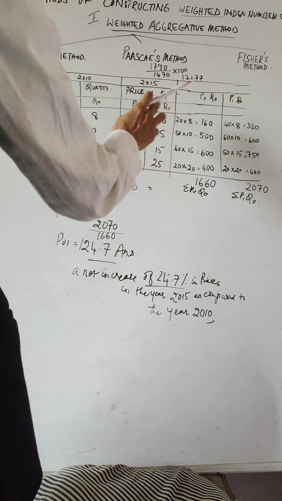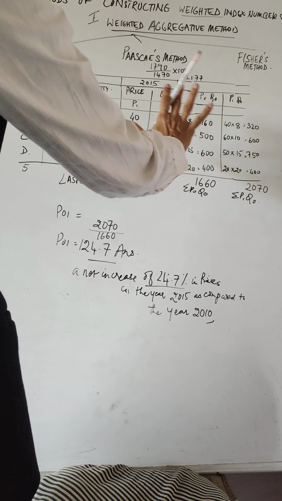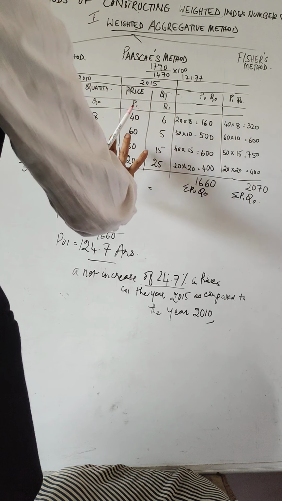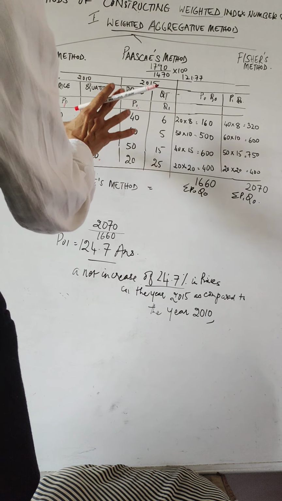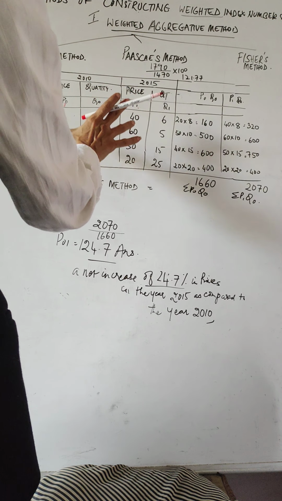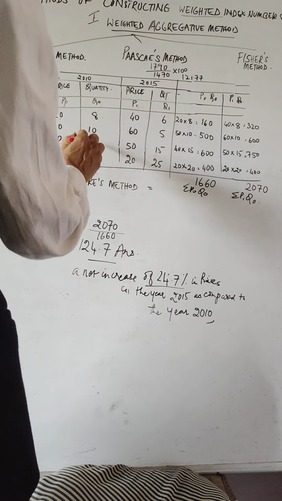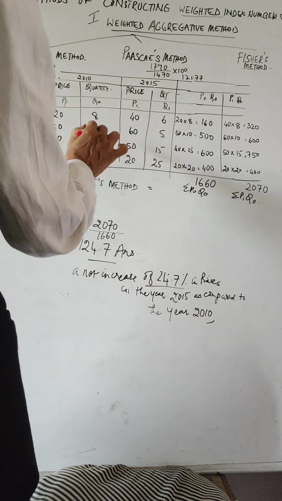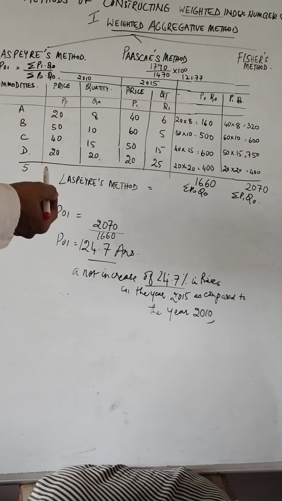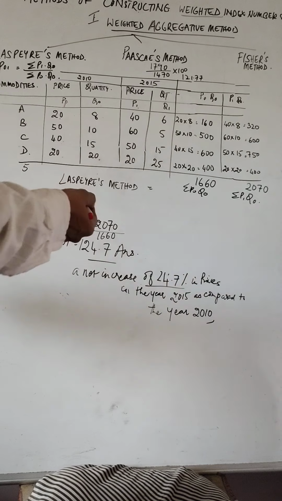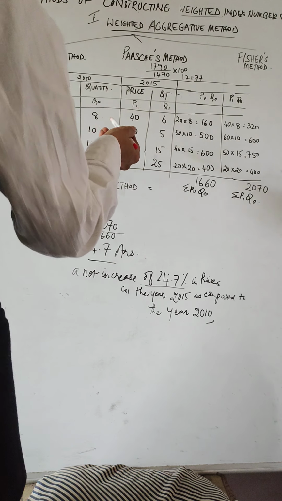Now in Laspeyre's method we are not bothered about the quantity bought in the current year. We are talking about the price difference, but the quantities we've taken as the same, just to figure out what has been the net increase in prices.